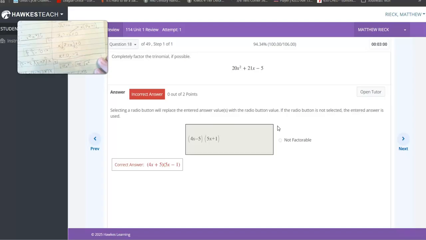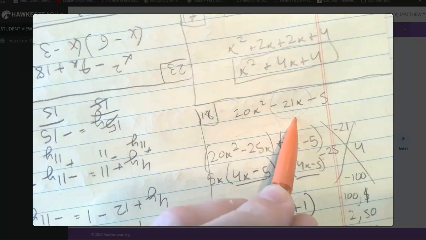It looks like I just messed up my signs there. I messed up my signs when I wrote down the question.